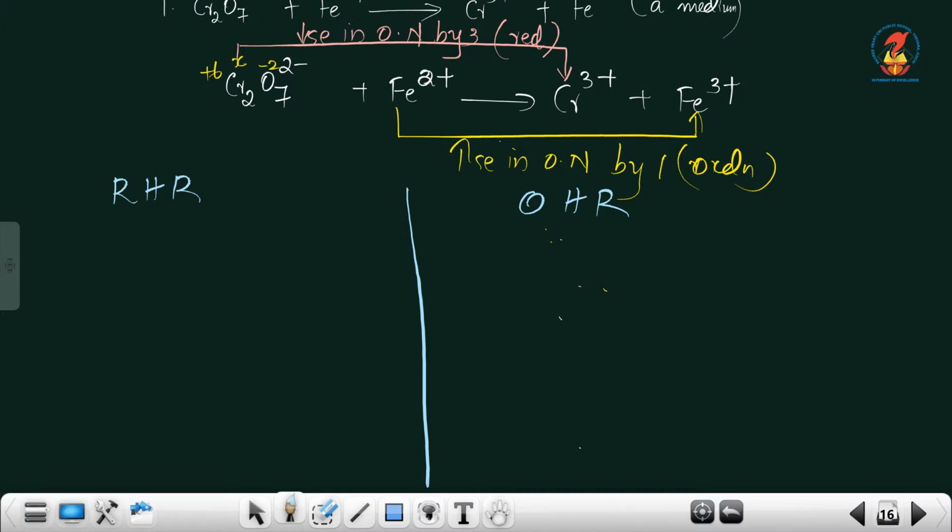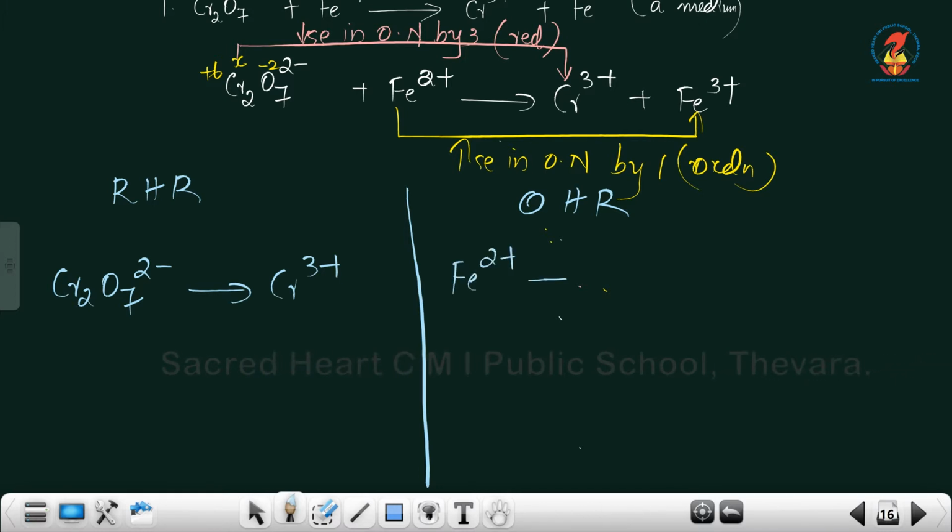Cr2O7 2 minus changes to Cr3 plus. So we can write it as Cr2O7 2 minus changes to Cr3 plus. That is the reduction half reaction. What is the oxidation half reaction here? Fe2 plus changes to Fe3 plus. So the first step is over.